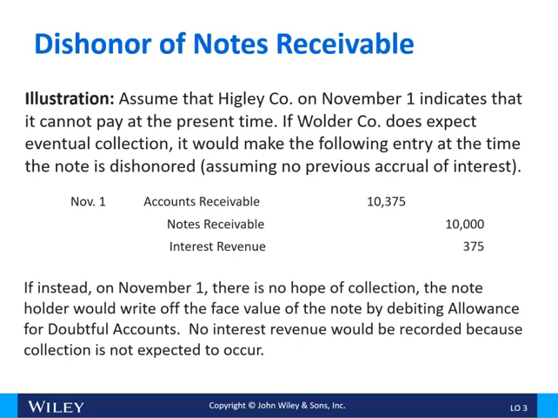So if they come on November 1st and say, we can't pay you today and we're never going to pay you, they would write off the note receivable by a debit to allowance for doubtful accounts, a credit to notes receivable, and not record any revenue. If we had already recorded that interest revenue with an accrual, we would have to reverse that and take an expense.